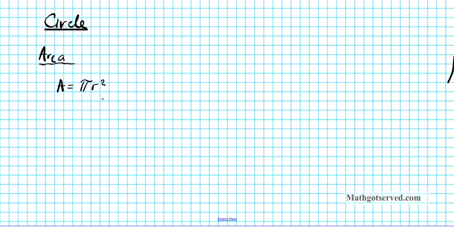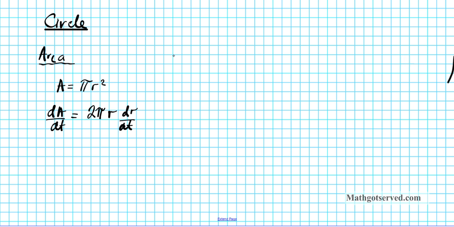So how do we differentiate this with respect to time? We have only one variable here, which is nice. So we're going to have dA/dt equals 2 pi r, applying the power rule to r squared, and then using the chain rule on r, dr/dt. All right, so that's that for area.